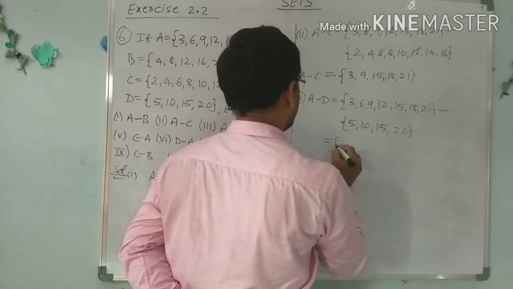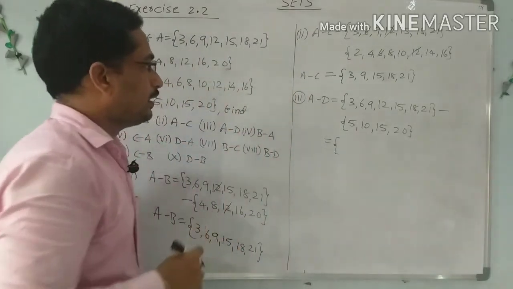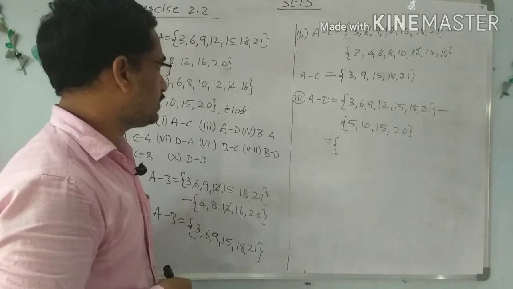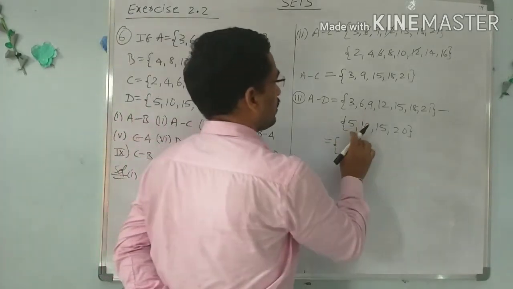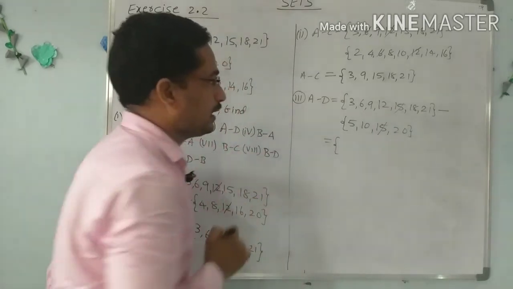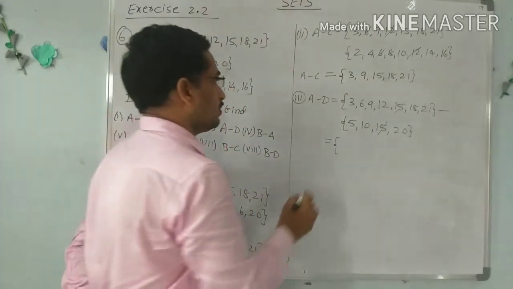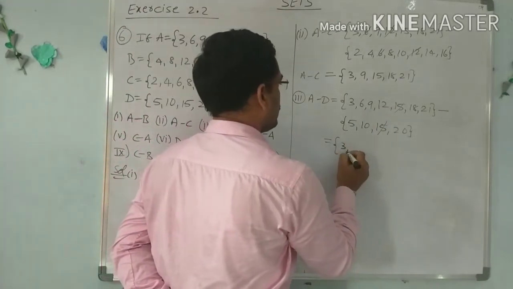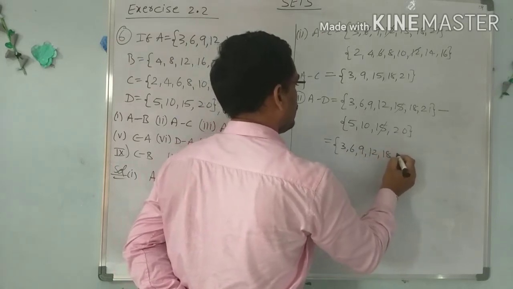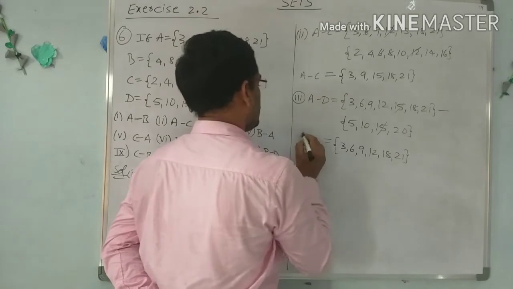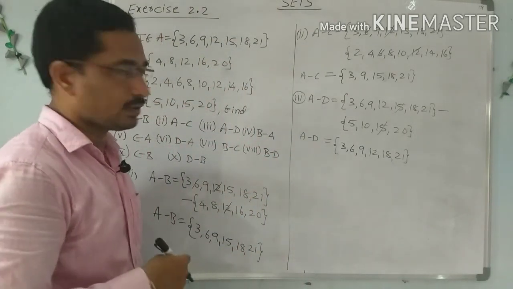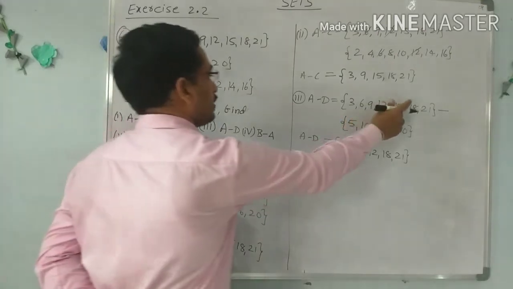So A minus D means first cancel the common elements. What are the common elements? If you observe, the common element is only 15. Now write the remaining elements: 3, 6, 9, 12, 18, 21. Now this is A minus D. A minus D means write the remaining elements of A after removing the common element.